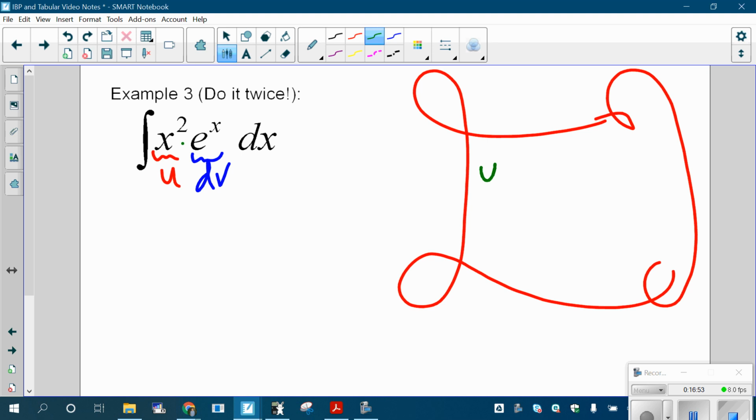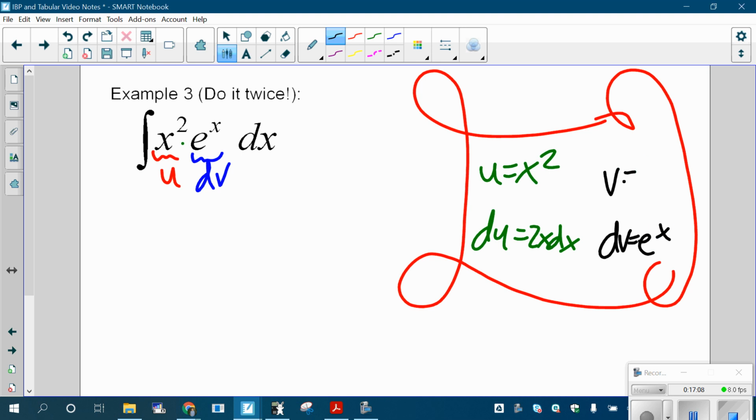I know u, so I'm going to find du. I know dv, so I'm going to find v. The antiderivative of e to the x is just e to the x.